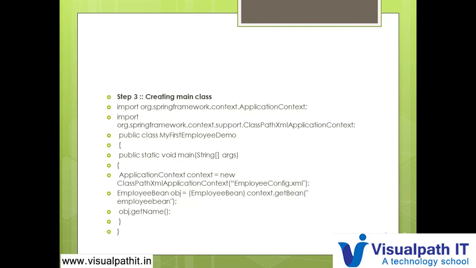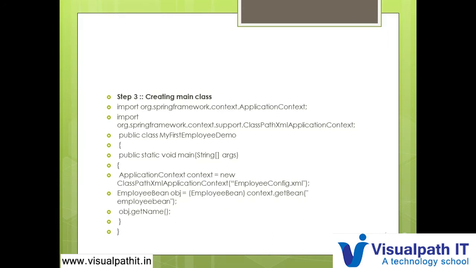And creating the main, as we all know, each and every application will have a single main function. The main function basically has to import the ApplicationContext as well as the ClassPathXmlApplicationContext API from where we are fetching the XML.